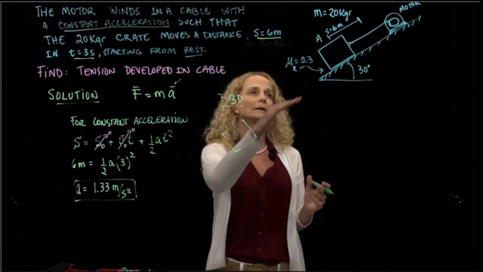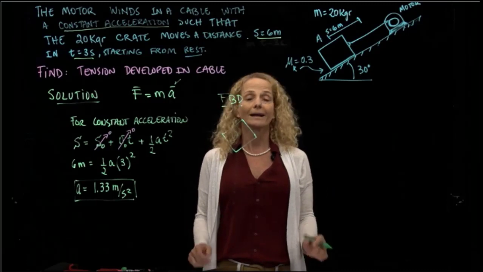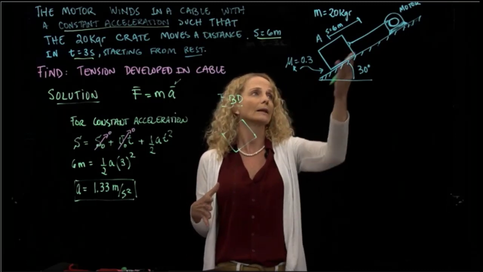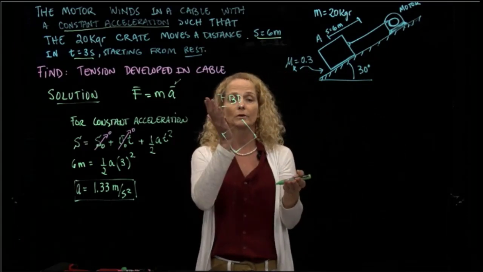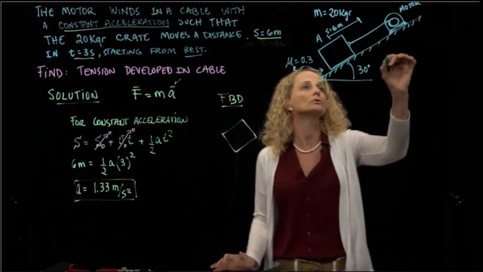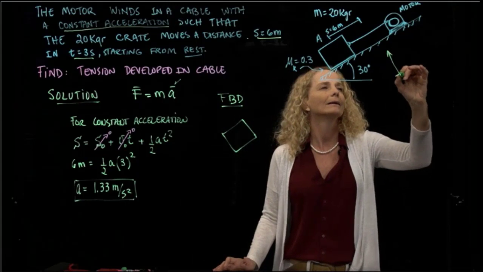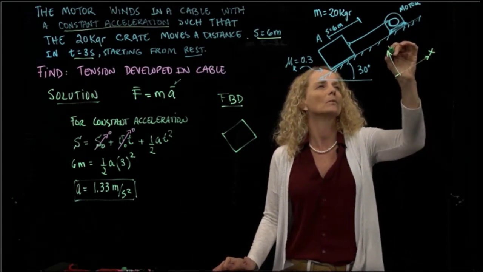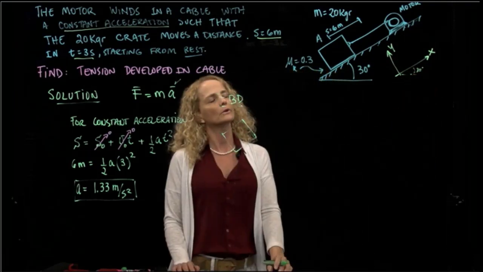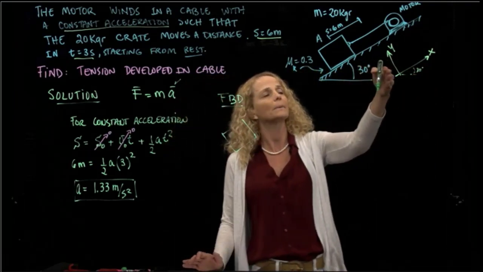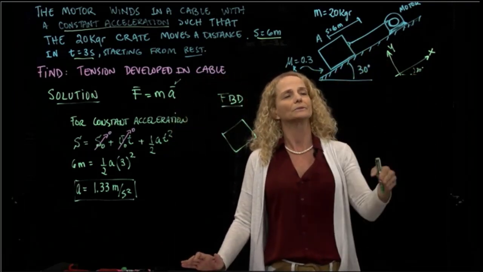Since we are on an inclined surface and all the motion occurs along that incline, rather than choosing a horizontal and vertical coordinate system, I will choose an inclined coordinate system, x and y, inclined 30 degrees because everything is happening in that direction.